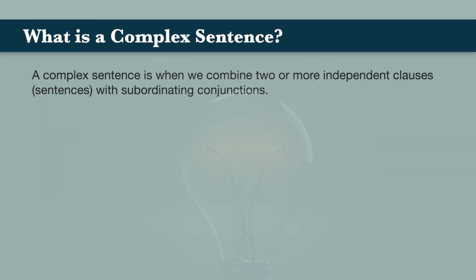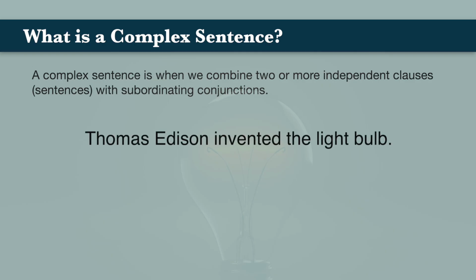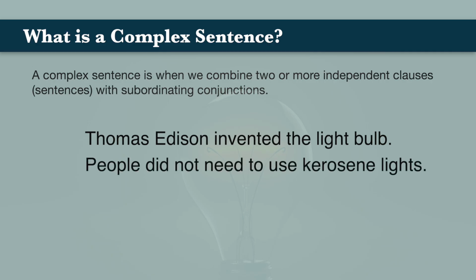A complex sentence is when we combine two or more independent clauses with subordinating conjunctions. For instance, let's take two simple sentences. Let's say the first one is, Thomas Edison invented the light bulb. And the next one is, people did not need to use kerosene lights. Now, the relationship between these two sentences is not really clear.